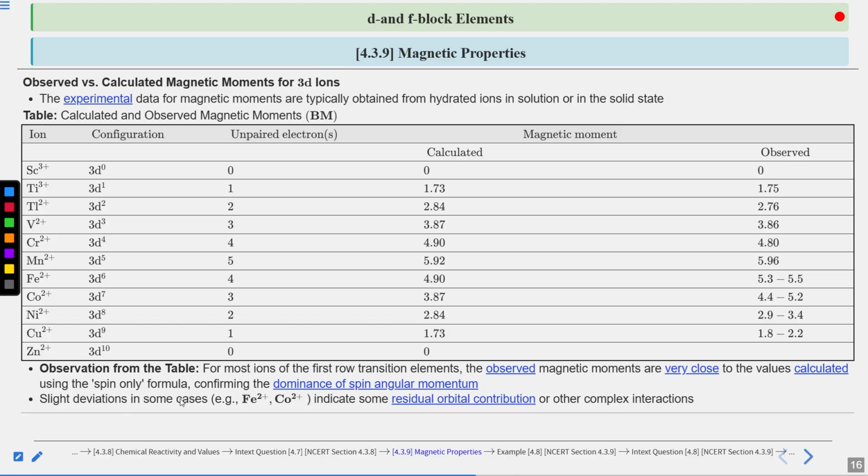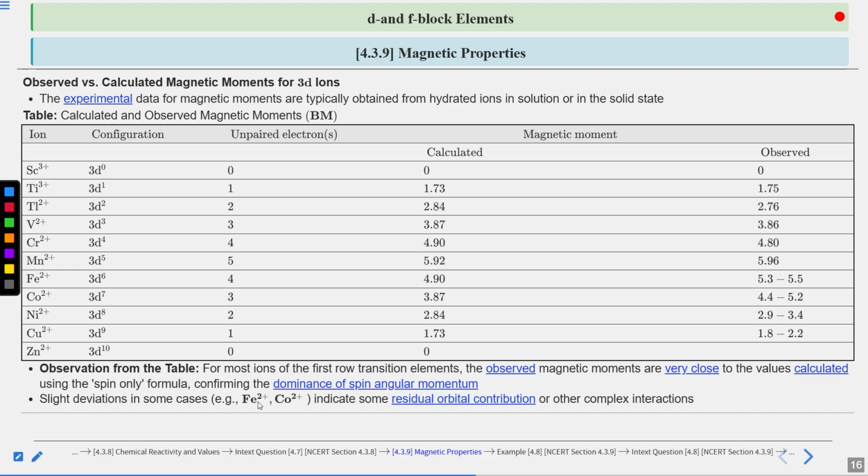Slight deviations are seen in some cases. For example, iron 2 positive calculated is 4.90 and observed is very high, 5.3 to 5.5, and cobalt 2 positive also 3.87 to 4.4, very high. As I said, this is the d and f block, so exceptions are going to be there.